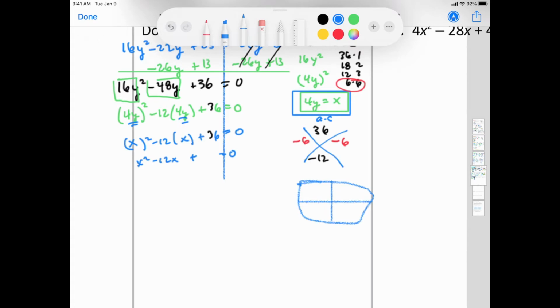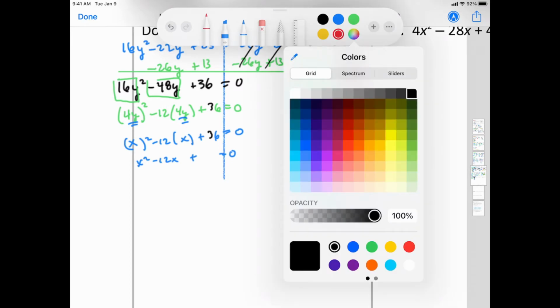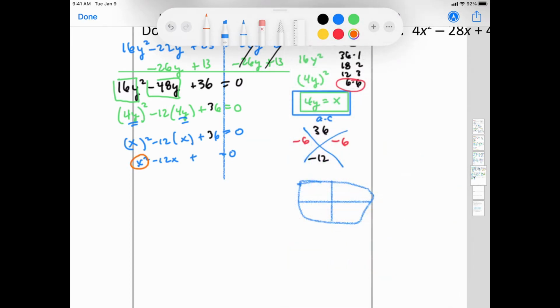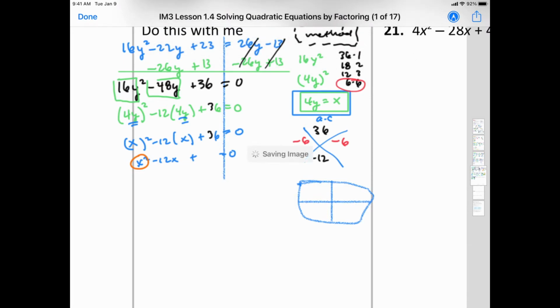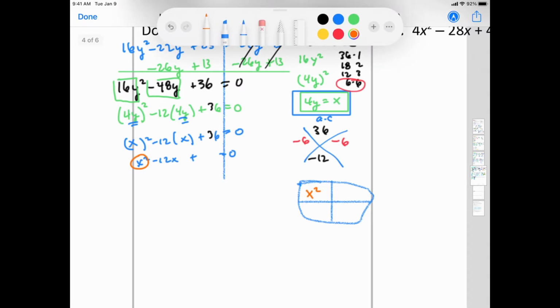And here, okay, we're not going to do our substitution yet, but let's use our colors to our advantage. So I have x squared, negative 6x and negative 6x, which is right here.